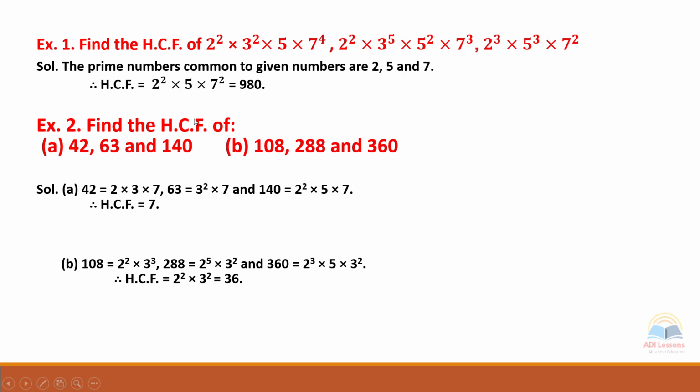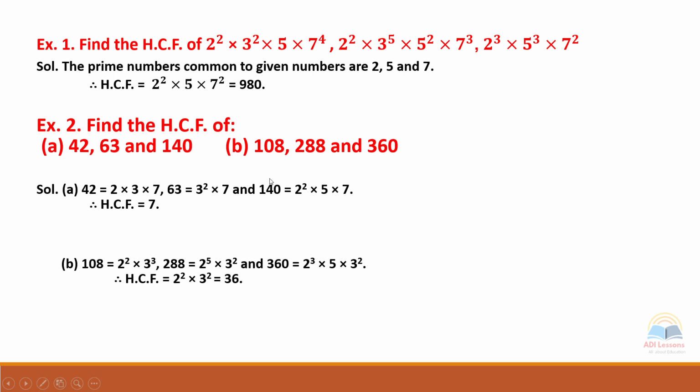Find the HCF of 42, 63 and 140; 108, 288 and 360. 42 is 2 into 3 into 7, 63 is 3 square into 7, and 140 is equal to 2 square into 5 into 7. So the common factor here is 7 only. So HCF of these numbers is 7.